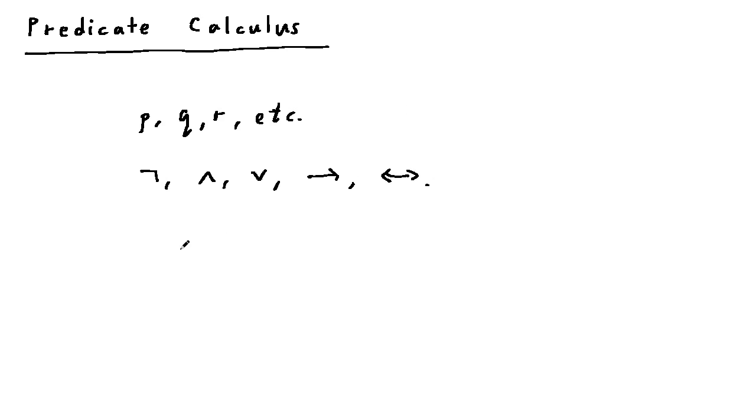We also saw how to build up more complicated expressions, statement forms, using the 5 logical symbols. We also looked at how to evaluate the truth values of statement forms using truth tables, and how to construct arguments using inference rules. This study of statements is called statement calculus.